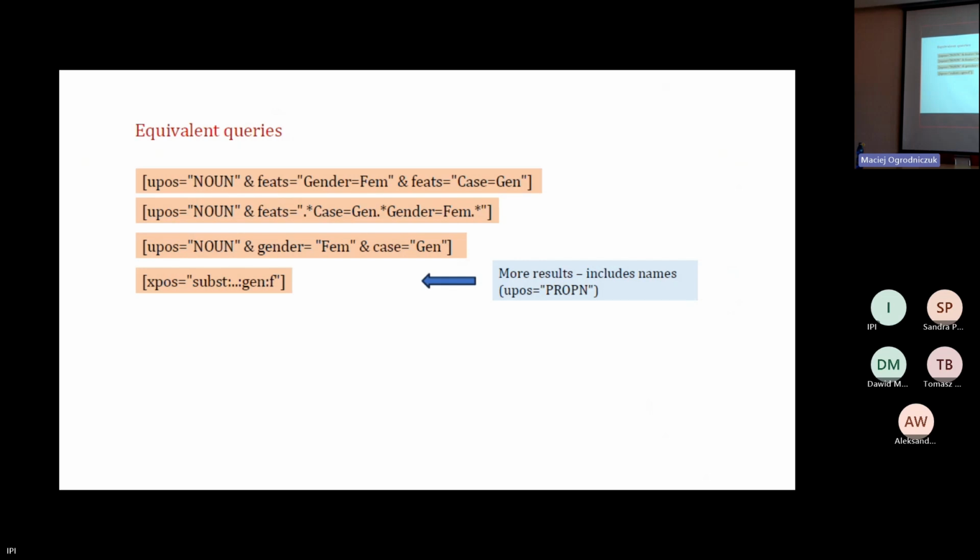Or you can use the attributes which are on the same level as part of speech. So gender and case are what we expect. Well, it might give you something else, because in UD there is a difference between proper noun and noun, but not, at least not in the Czech text set and not in the language-specific Polish text set.